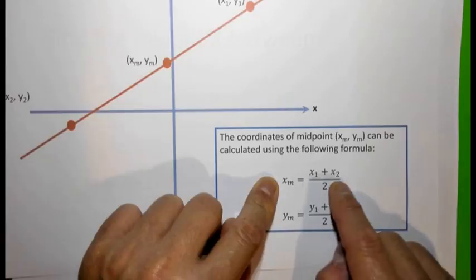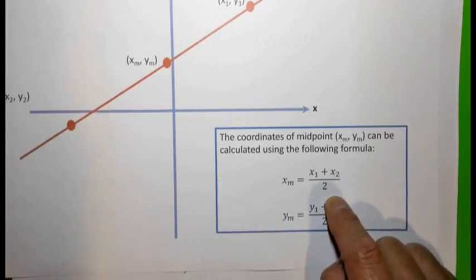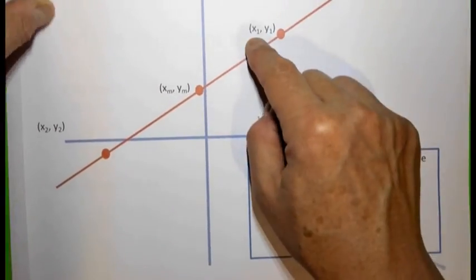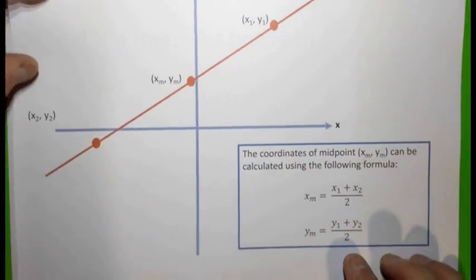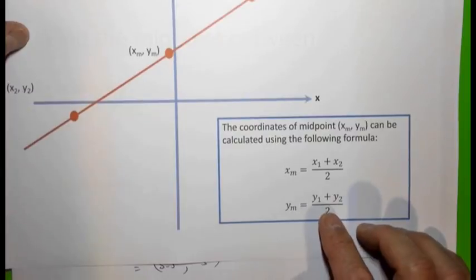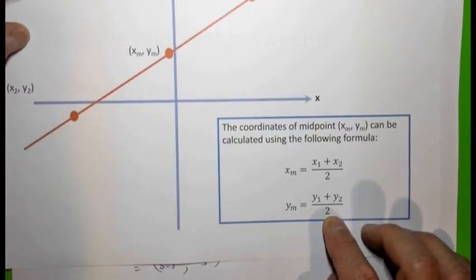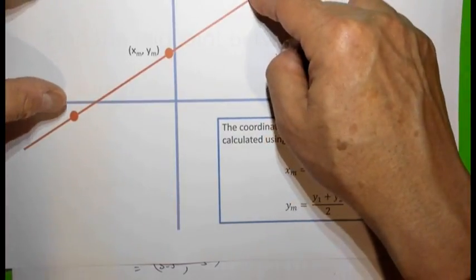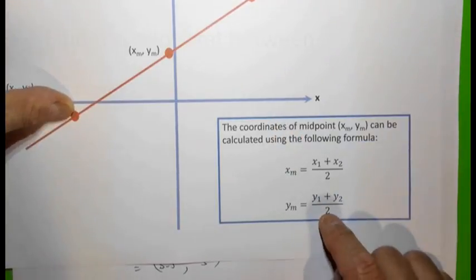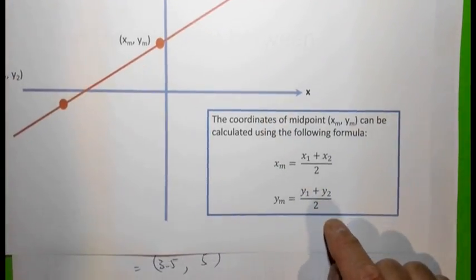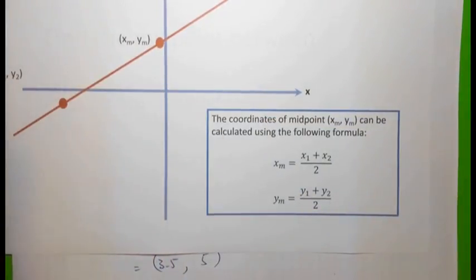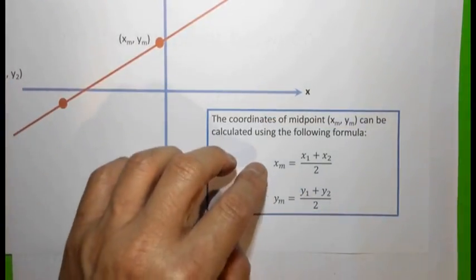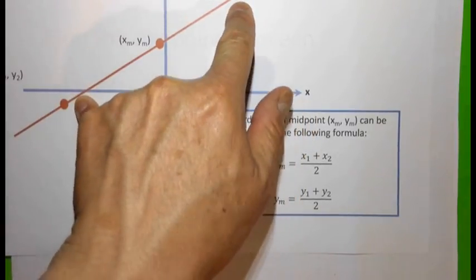Xm is x1 plus x2 divided by 2, and ym is y1 plus y2 divided by 2. So basically, you need to know this formula in calculating the midpoint if two coordinates are given.